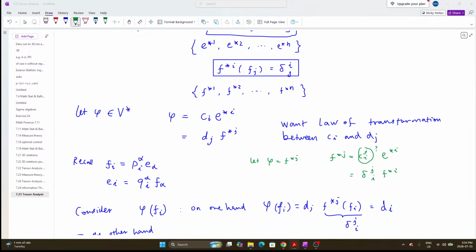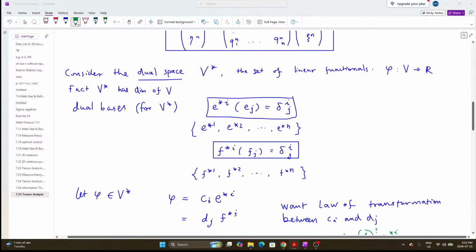It says, okay, let L be a linear form defined on a space. Does the coefficient of a linear form transform? No, I don't want the coefficient of the linear form. I want the basis of the linear form. So how do you transform from f?